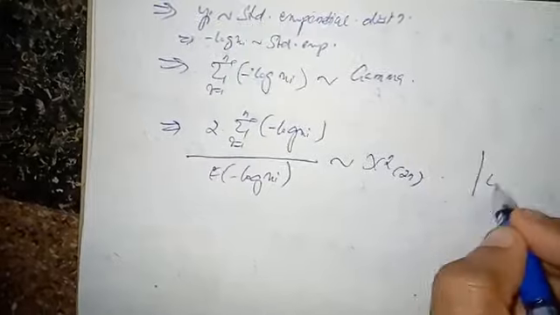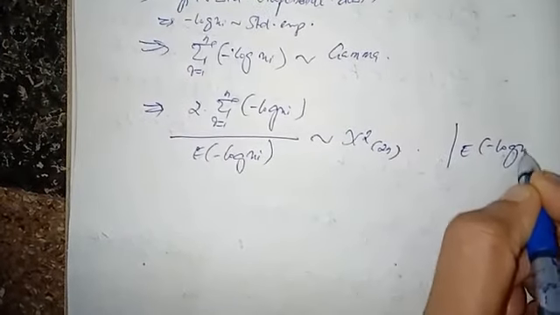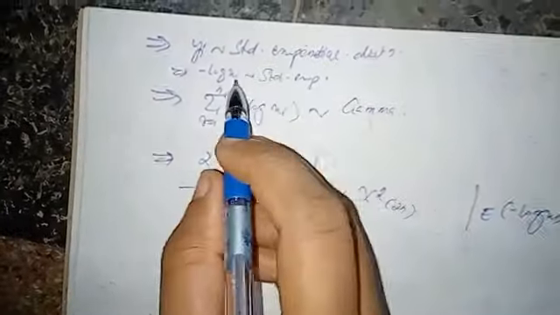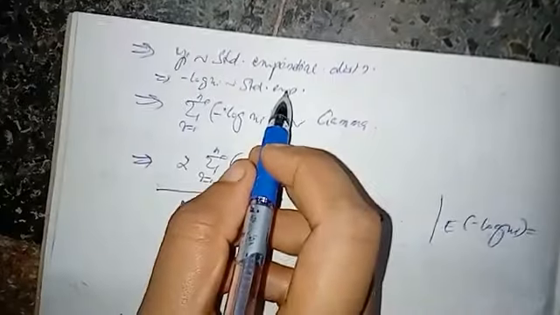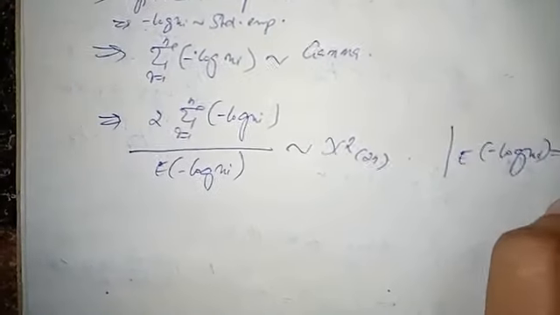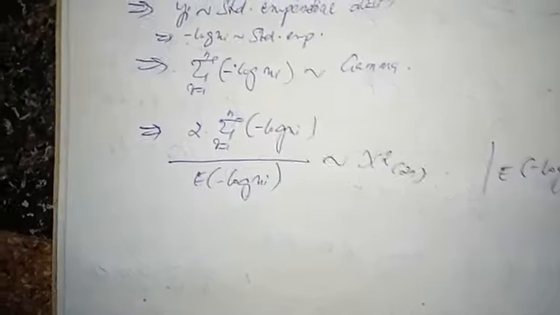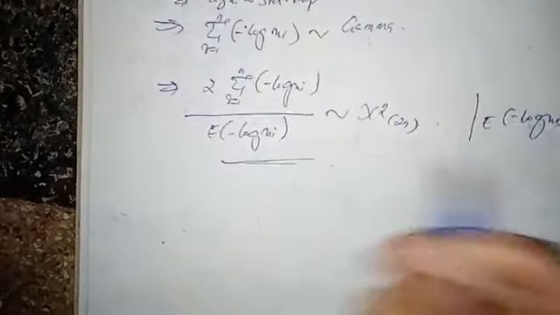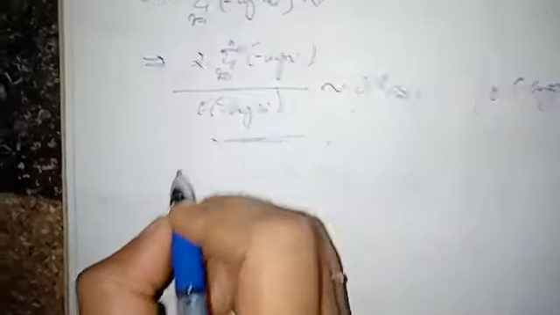Here minus log xi follows standard exponential, so the expectation of minus log xi, the mean, is 1. Using this we have to obtain the k value.